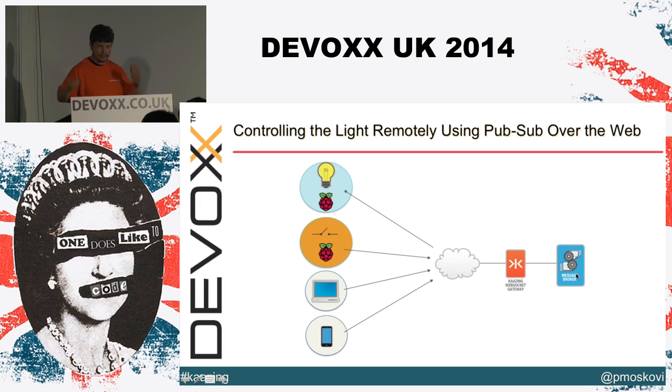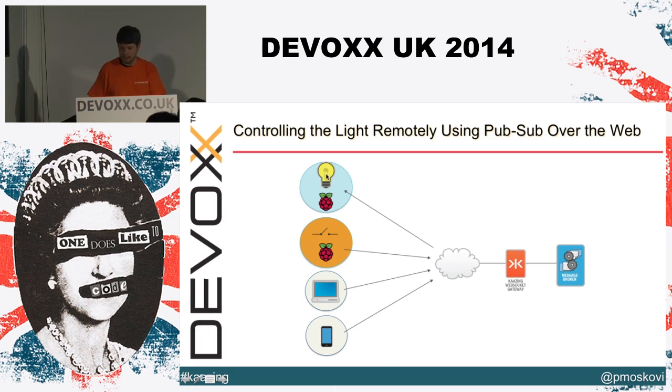In our case, the simplest one would probably be a message broker. This message broker has all the routing information about the message that came in and asks, hey, anybody out there interested in the switch being toggled? And then here is this guy who is interested in the toggle state. So the message comes into the Raspberry Pi, the Raspberry Pi puts the right signal onto the input-output port, and it turns the light on or off.